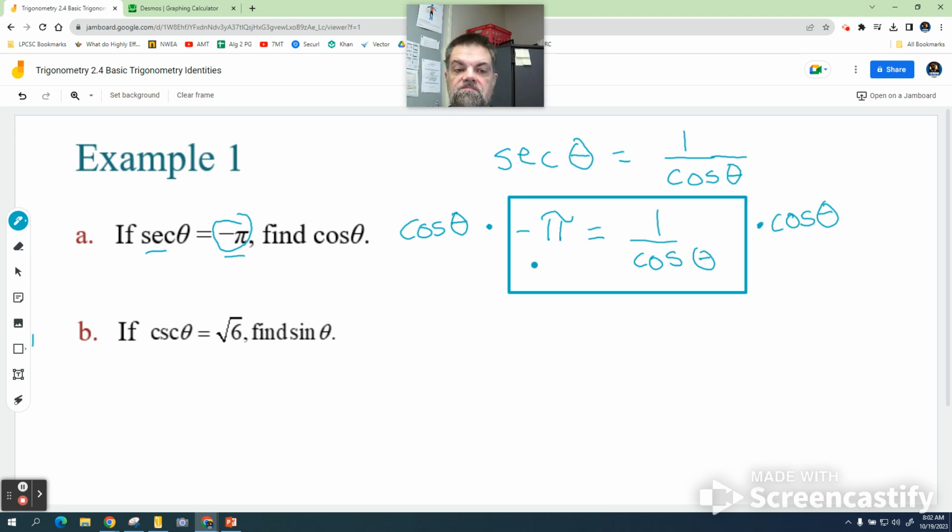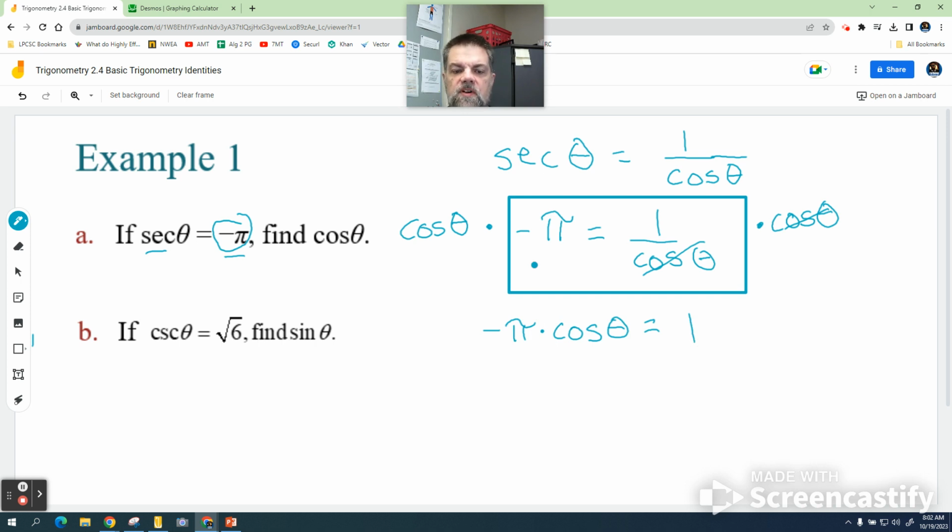So then I'm going to multiply both sides just like I would a number. Well, these will cancel, and I get negative pi, we always want to write the numbers in front of the trig functions. Negative pi cosine of theta is equal to 1.